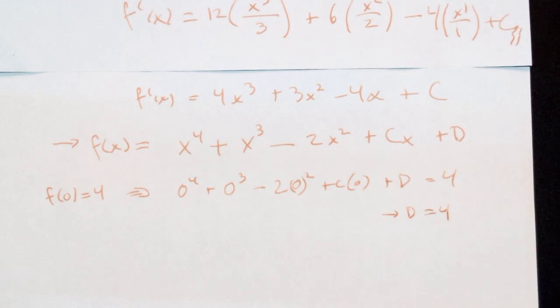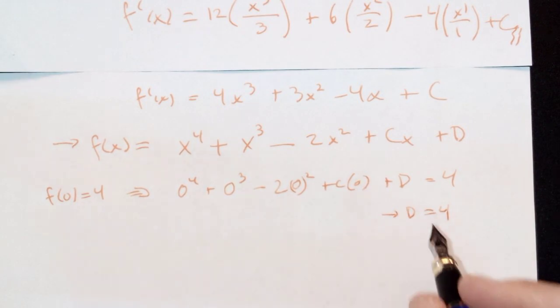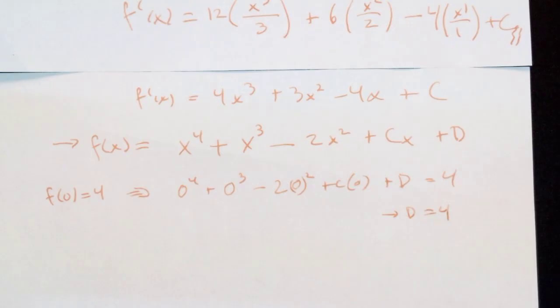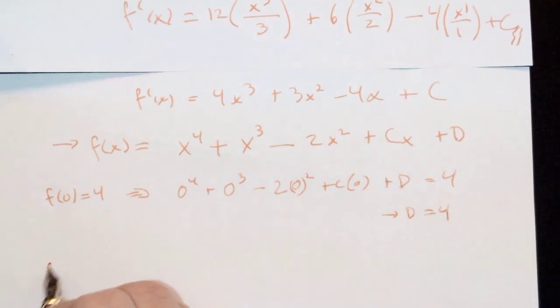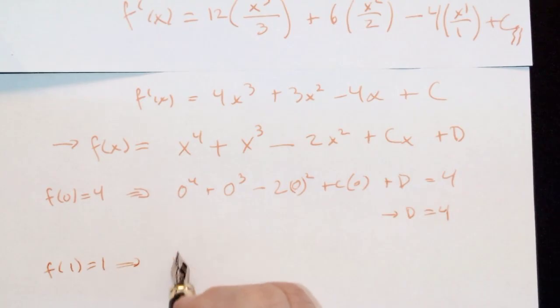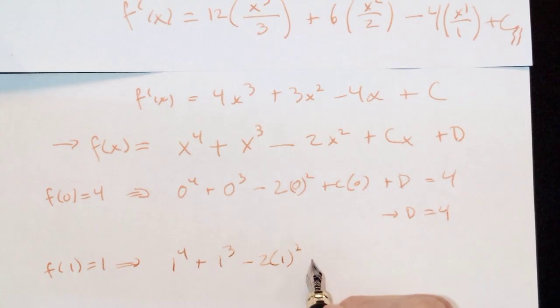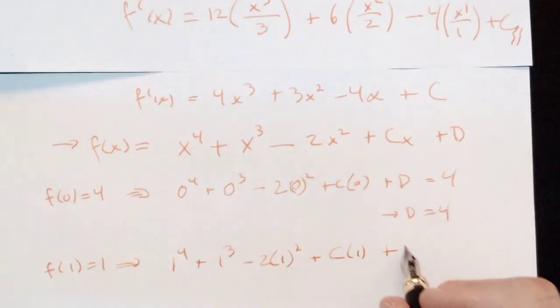If I put in the next boundary condition, I can use this in that boundary condition. F of 1 equals 1. 1 to the fourth plus 1 cubed minus 2 times 1 squared plus, I don't know C, so C times 1 plus D has got to be equal to 1.